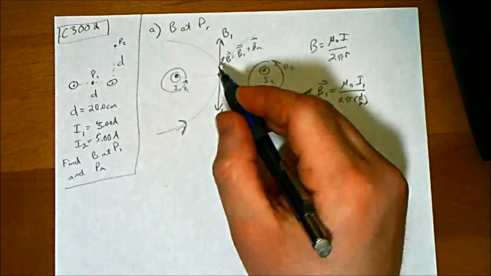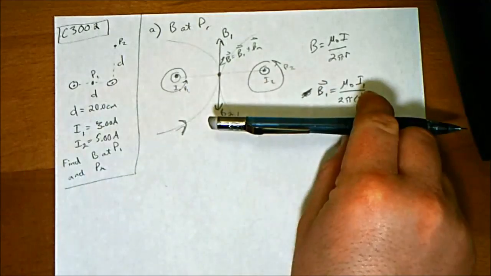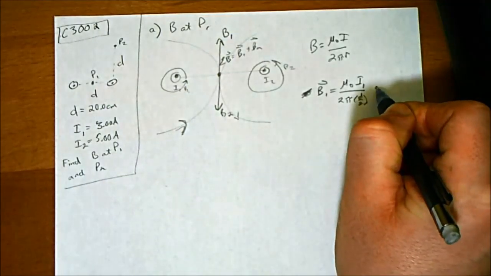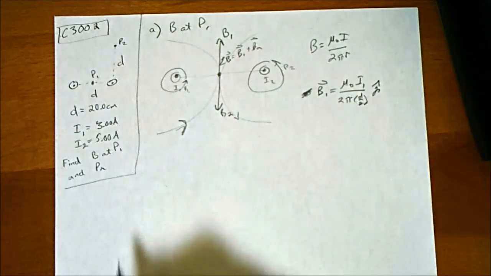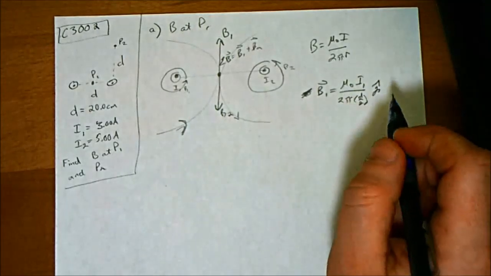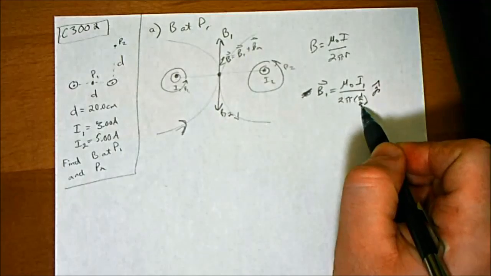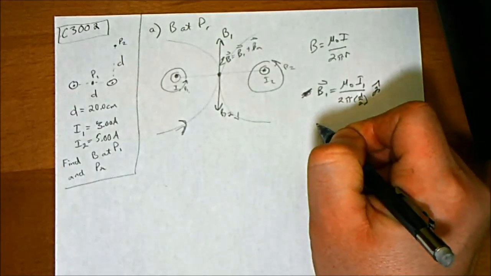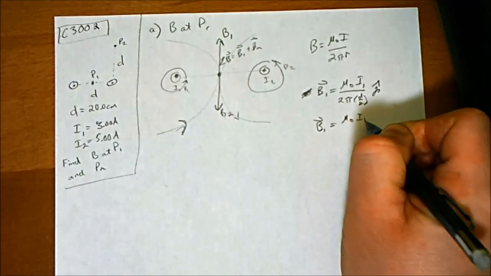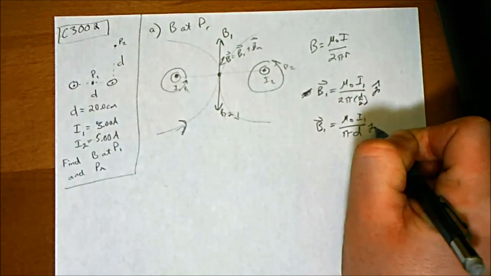And what is the direction? We'll say that, given the convention, right is positive i hat, up is positive j hat. So we can say that is in the positive j hat direction. Now, we note that I'm multiplying d over 2 times 2, so B1, if I simplify this a little bit, is mu naught I1 over pi d j hat.